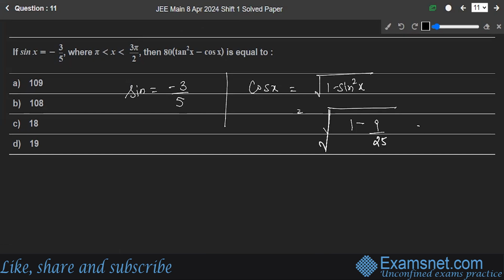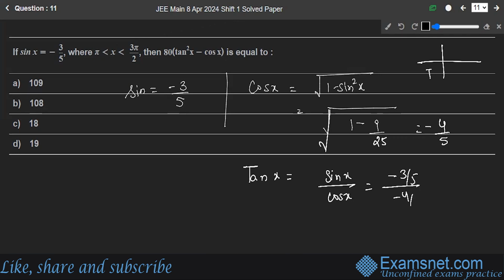This is 4 by 5. See, now I told you already that in the third quadrant, the tangent is positive. So that means the cos is negative. So cos is going to give you minus 4 by 5. And what is tangent equal to? Tangent x will be equal to sine upon cos. So minus 3 by 5 over minus 4 by 5. This is equal to 3 by 4.